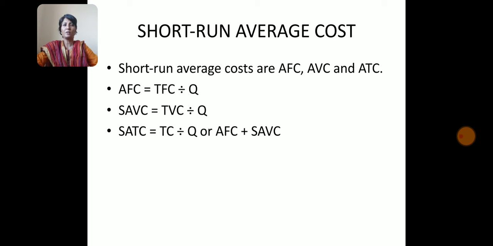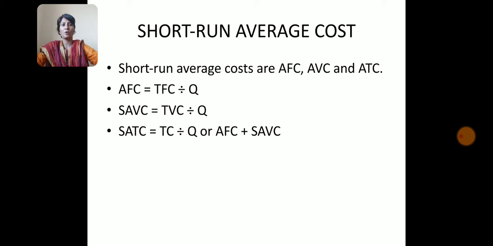Therefore, the firm must know the per unit cost or the average cost. The short run average costs are the average fixed costs, average variable costs, and average total cost. In short, AFC, AVC, and ATC.